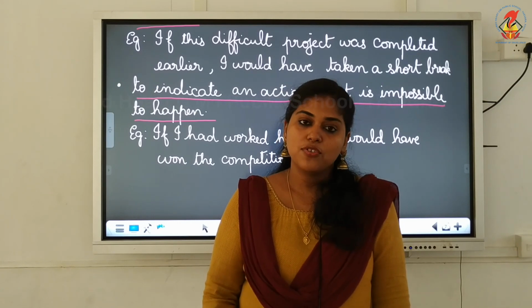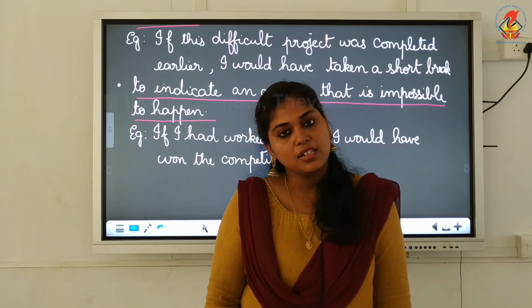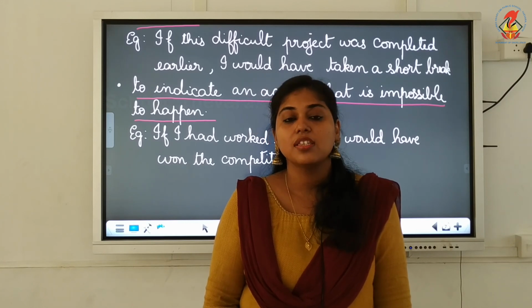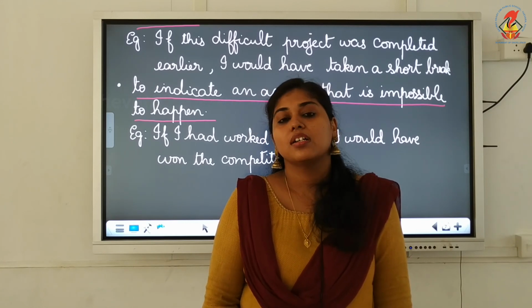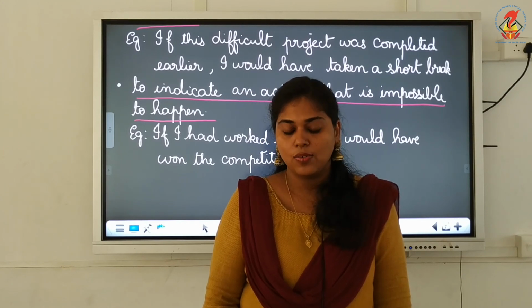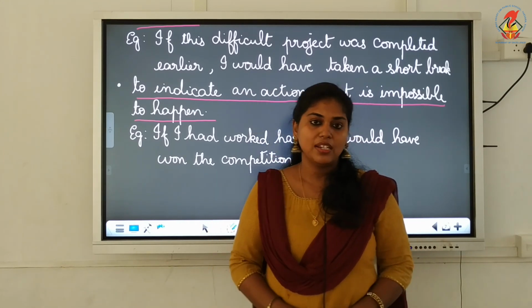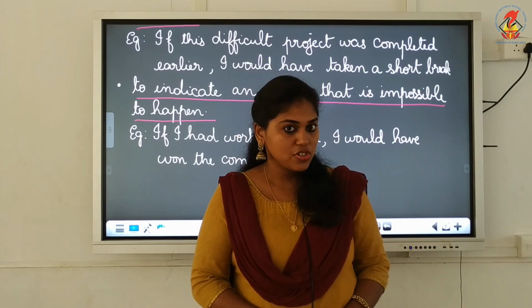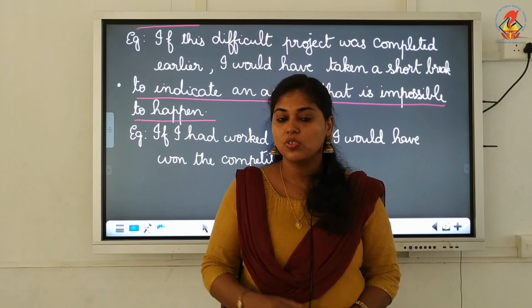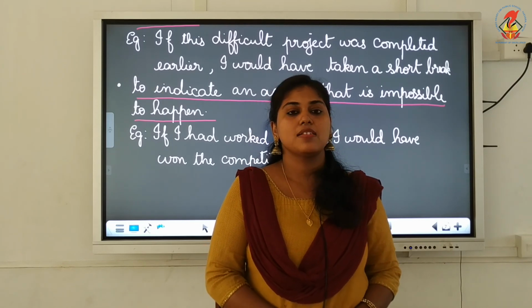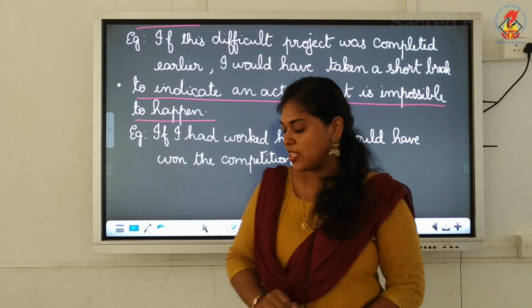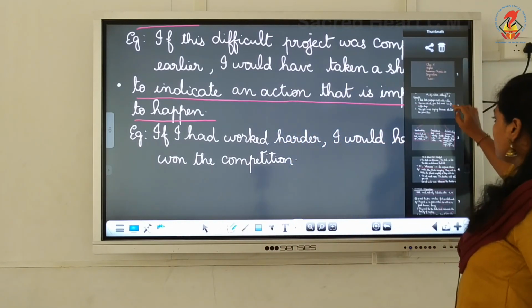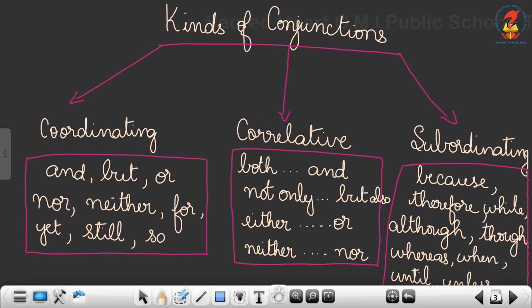Remember, you have to know the meaning of each conjunction; that will help you to use the correct conjunction in sentences. Once again, let's have a recap. We use conjunctions in order to combine two sentences, words or groups of words in a sentence. We have three kinds of conjunctions. Which are they, children? Coordinating, correlative and subordinating conjunctions.